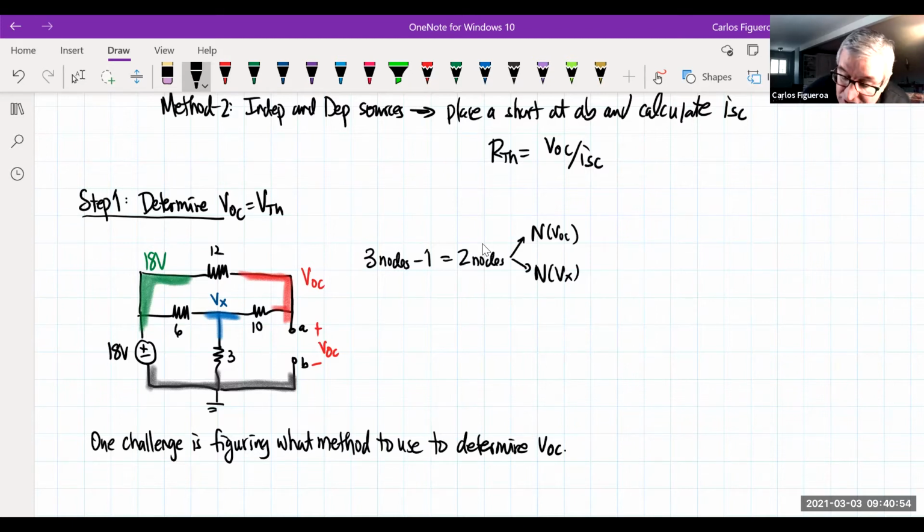So then I'm going to focus on node VOC. So what do I have? I have 2 resistors connected. So I'm going to go 1/12 plus 1/10 VOC. I see that I have 2 mutuals. So I'm going to get, here, let me move this down a little bit.